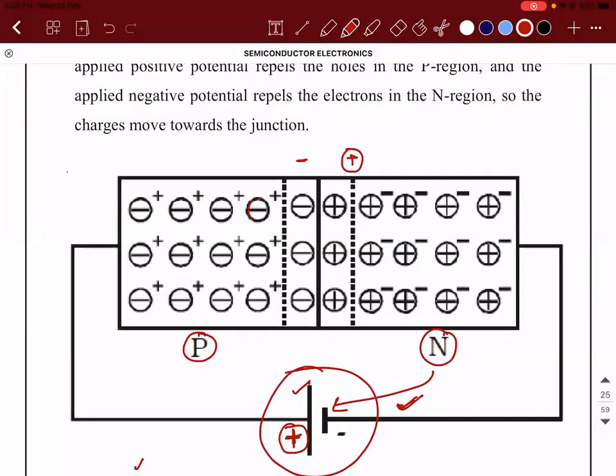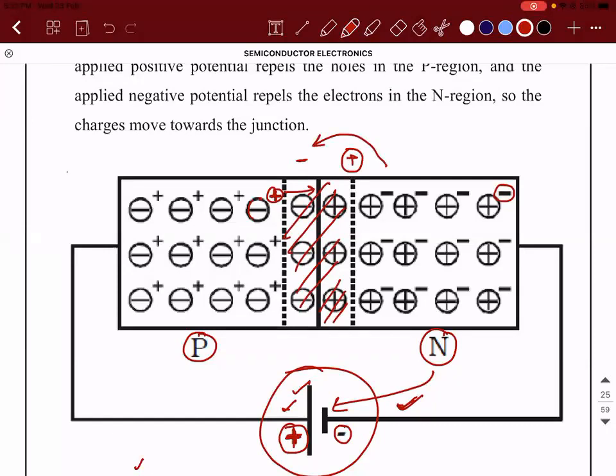Against the positive charge of the barrier potential in such a way that the hole that is there will be repelled due to this positive charge of the external battery, and the hole will start moving to the other side by making this barrier potential a smaller one. And similarly, what will happen? The negative charge that is present here will repel the already available negative charge on the inside, and these electrons will start moving to the other side.